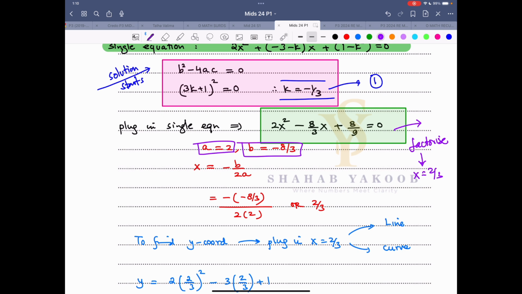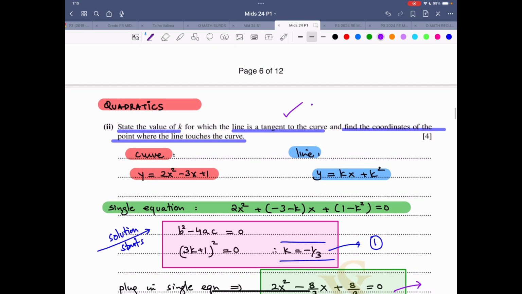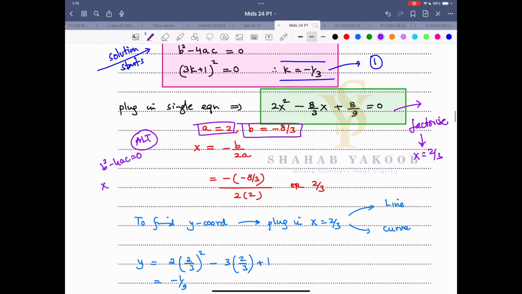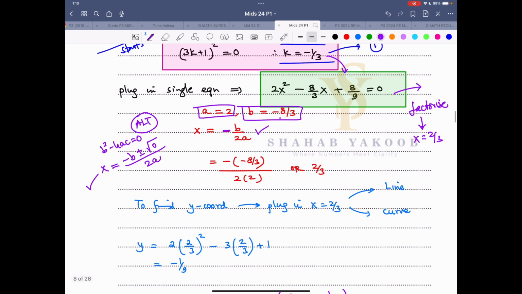Or alternatively, I prefer this: when b squared minus 4ac equals 0, because the line is tangent to the curve, the whole formula reduces to minus b plus minus square root of 0 divided by 2a. What does it become? Minus b over 2a. So I chose the value of b, I plugged in this value of k over here, so I get this x coordinate, so that is one more mark.